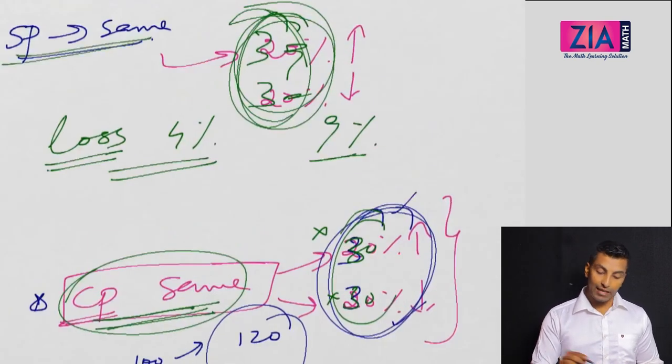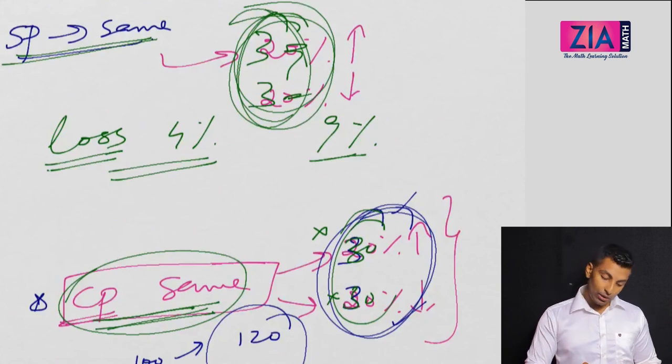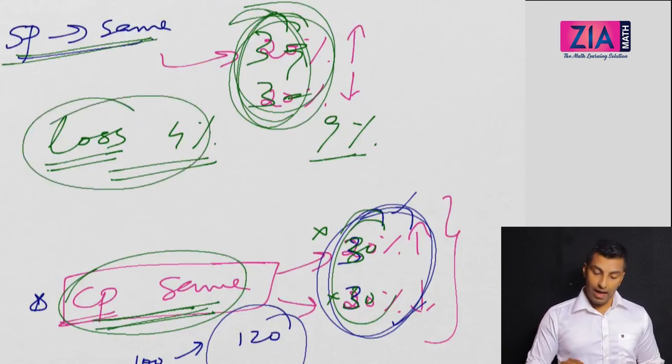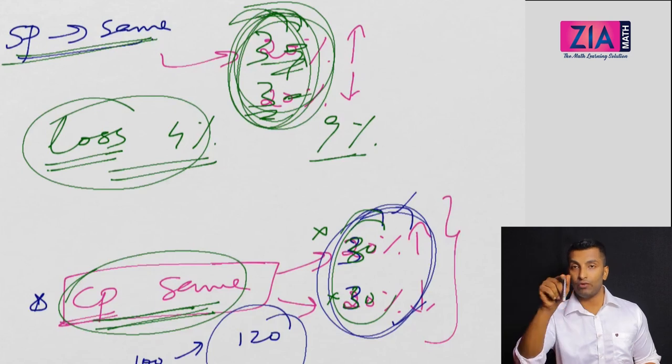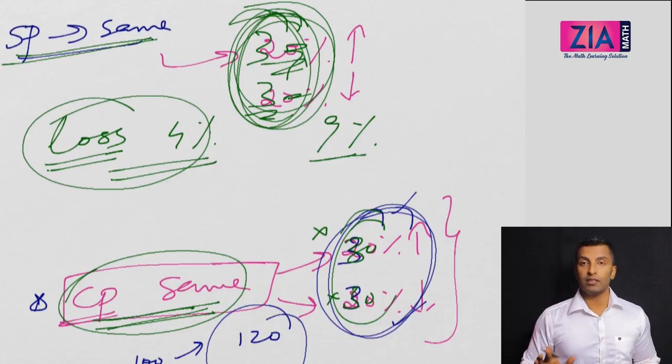In the other case, where the selling price is same, there is always a loss, and you get it by just multiplying. If it is 30, 30 into 30, so 900 divided by 100. If it is 20, 20 into 20, 400 divided by 100. If it is 10%, 10 into 10, 100, so 100 divided by 100, 1% loss. I hope this is clear for all of you.